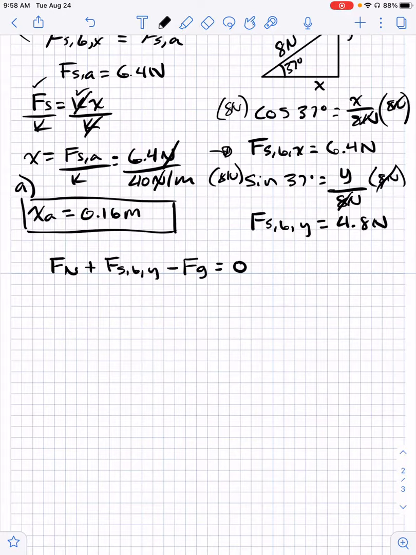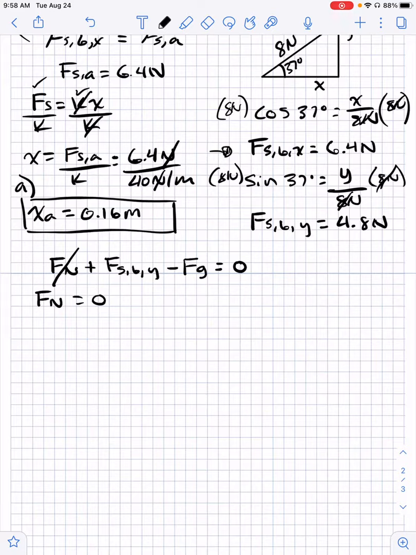Okay, so what we can assume here is that the normal force is equal to 0. So we can cancel this out. Because again, we're trying to find that minimum mass. And we'll kind of talk about our answer once we solve for this.